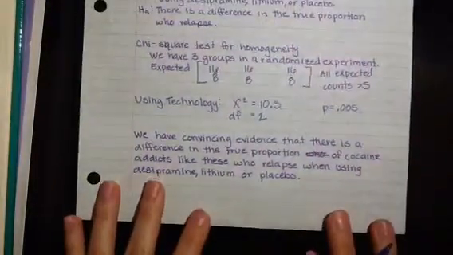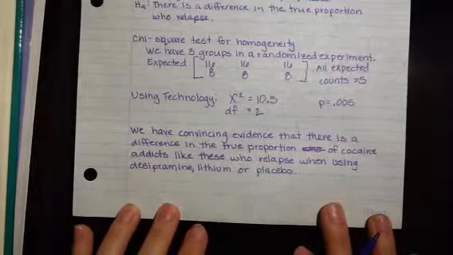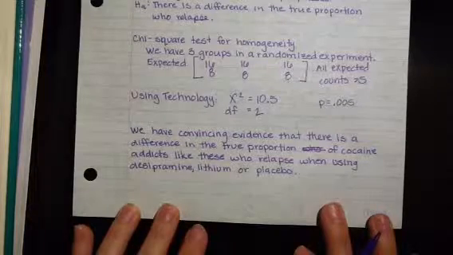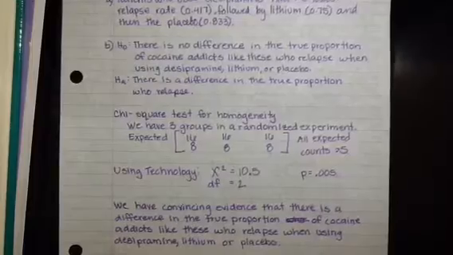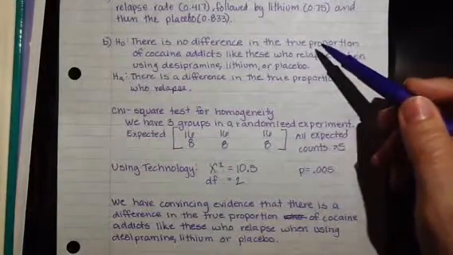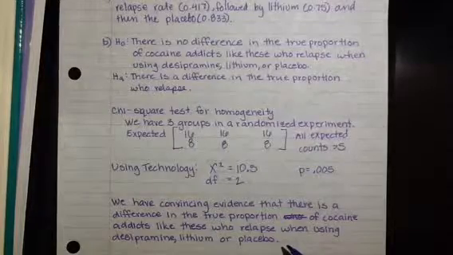And then I'm going to have my conclusion. We have convincing evidence that there is a difference in the true proportion of cocaine addicts like these who relapse when using desipramine, lithium, or placebo. So that would be my full write-up from our hypotheses through our conditions and finally ending with our conclusion.